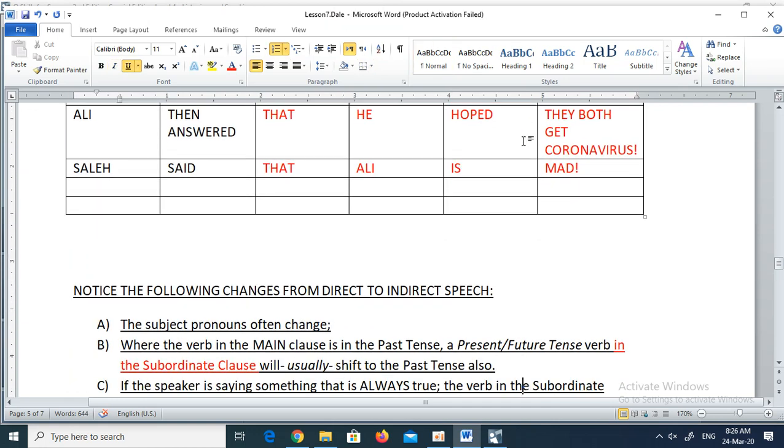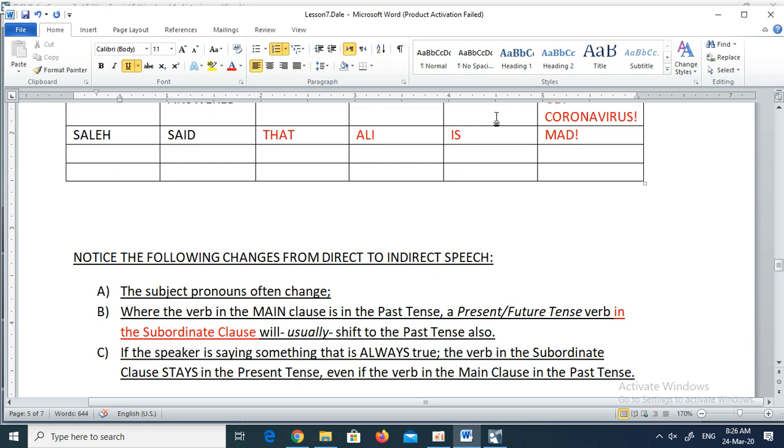So what happens is that the tense of the main speaking verb will determine the tense of the verb in the subordinate clause. But this does not always happen.